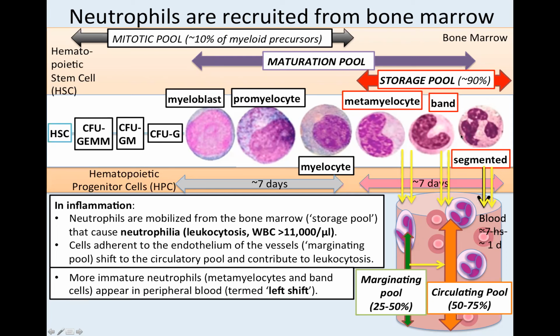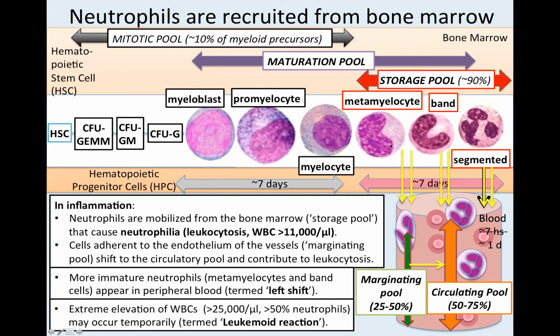So that's why it's called a left shift. And in certain cases, the inflammatory reaction is such an excessively active process that the leukocyte count can go up above 25,000, and that's the time when we call it a leukemoid reaction.